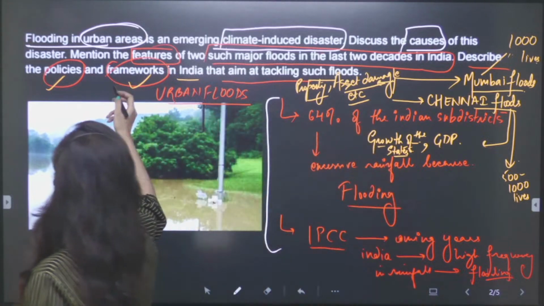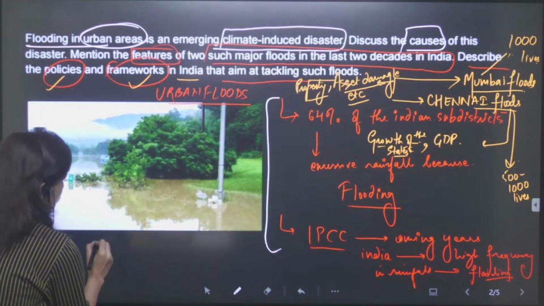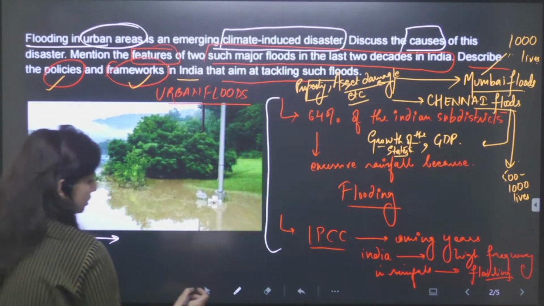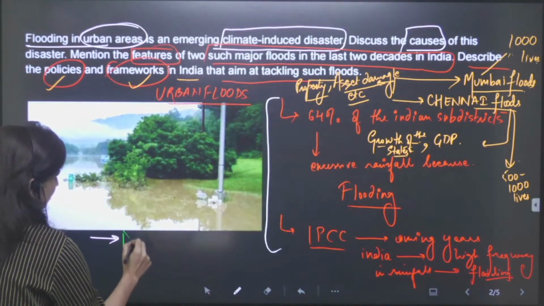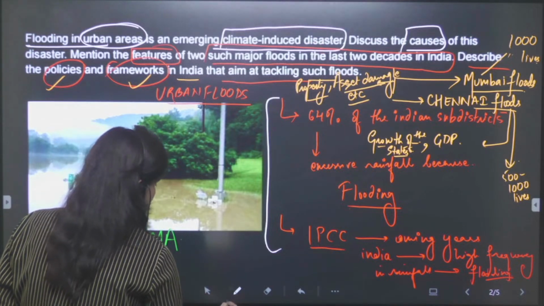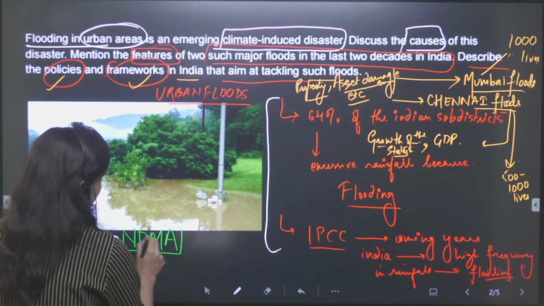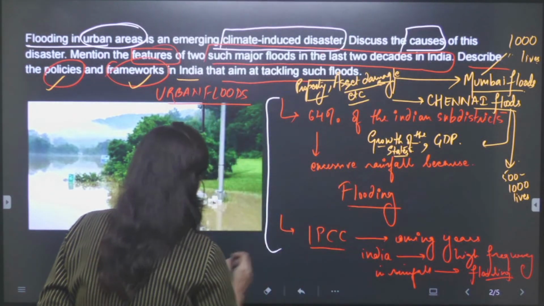Now, the policies and frameworks in India that aim at tackling such floods. So first we should know about NDMA. Now, NDMA is the National Disaster Management Act. Now, this act is talking about what?